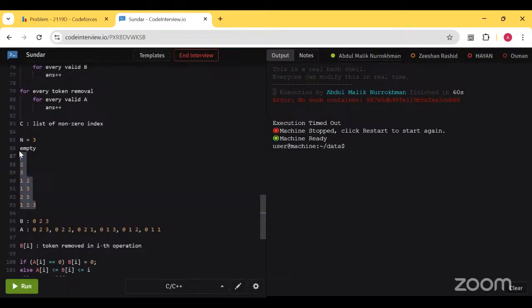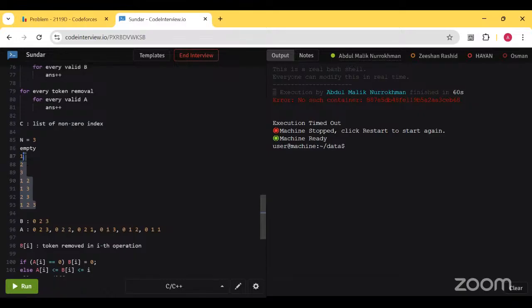So how many possibilities do you think? 2 to the power of what? Yes, 2 to the power of n.